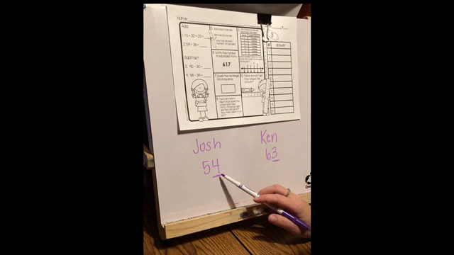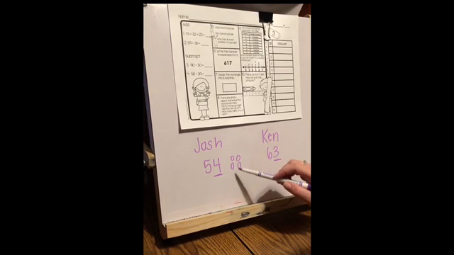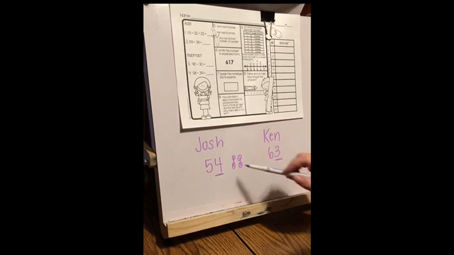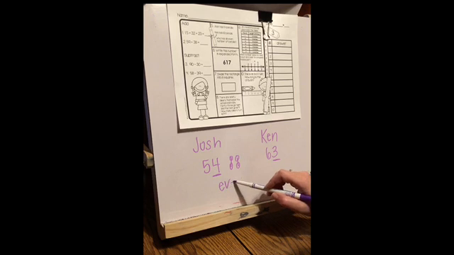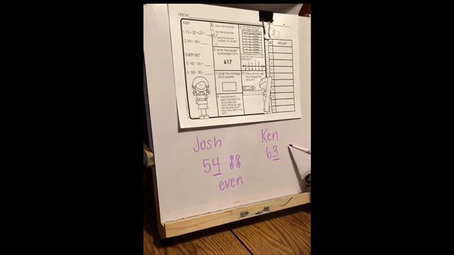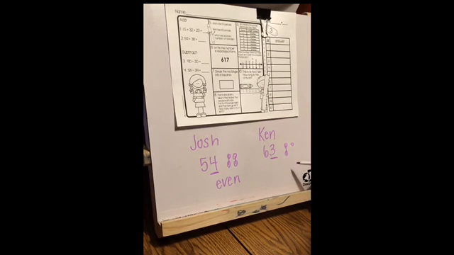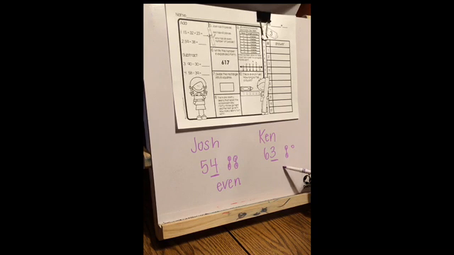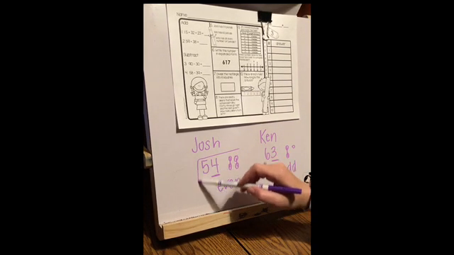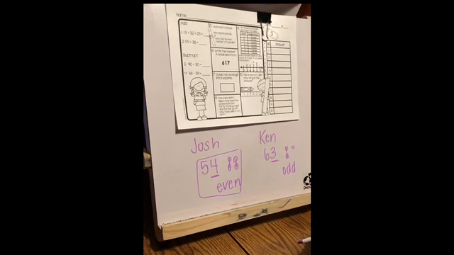So here we have a 4, so we could draw a picture, and we see that each one has a partner, so we know that 4 is an even number. And then if we draw a picture for 3, we can see that it is not even. This one is all by itself and doesn't have a partner. So this would be odd. So this would make us know that 54 is the even number.